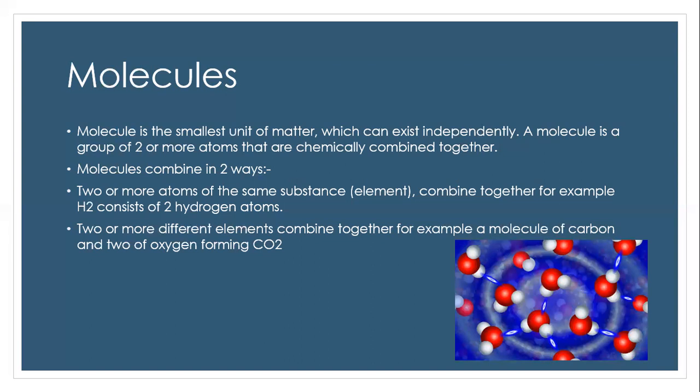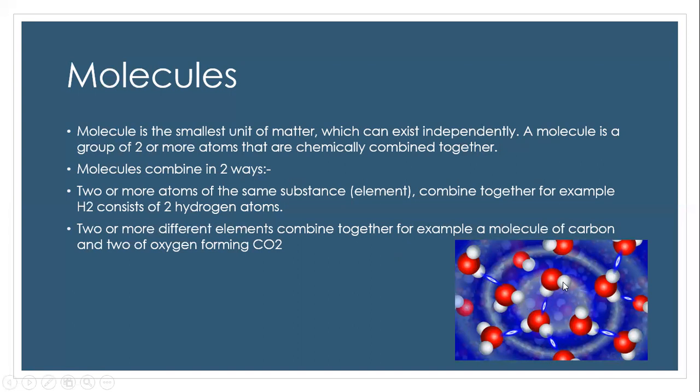I hope that's clear. Now, the next point is that two or more different elements combined together form a molecule of a compound, like one carbon and two oxygen, forming CO2. In this diagram, consider this one molecule. Don't view all the other molecules, only focus on this molecule.